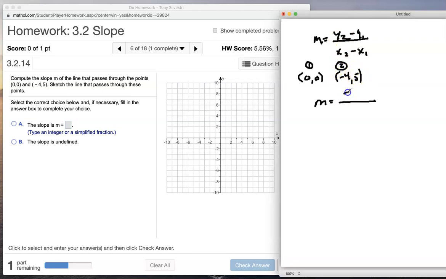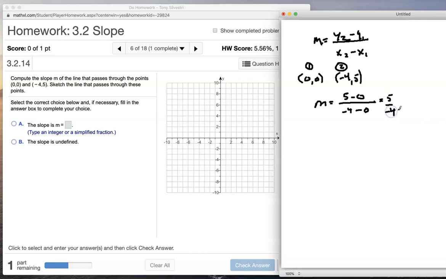The y value is 5. Put a 5 in there. Minus y1. Well, y1 has a y value of 0. Throw that there. x2 is -4 minus the x value of point 1, which is 0. Okay. So it looks to me like I got 5 over -4.